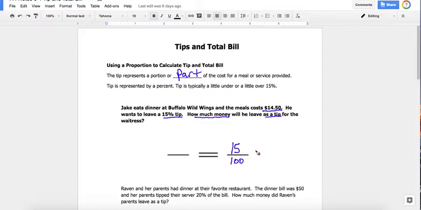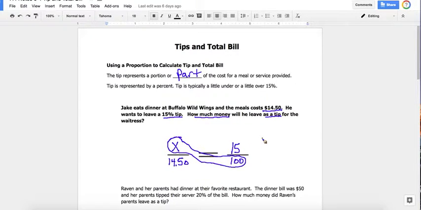And now we can use the concept of part and whole. So do you think the tip is the part or the whole? If you said part, you are correct. So remember, part goes on top. And the cost of the meal is our whole, so $14.50. Now we're going to solve it just like we have in all the proportions we solved in this unit and the previous unit.